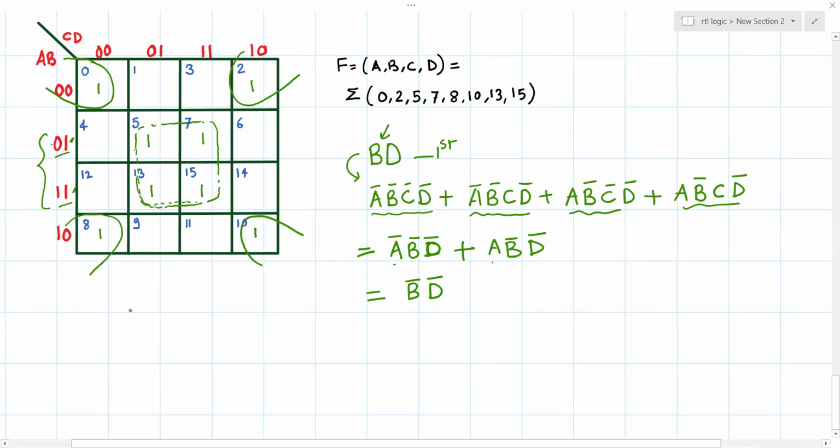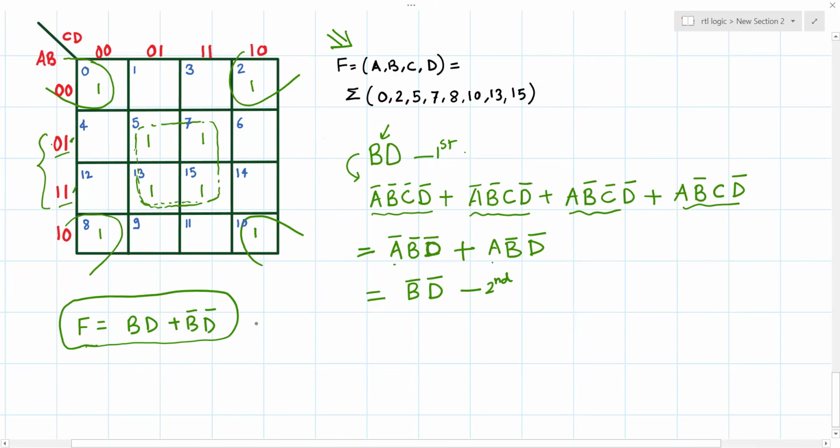So the final expression is F equals this first term and this second term: B D, or B bar D bar. This is nothing but XNOR logic, if you carefully observe this. This is how you got the simplification of this logic into this final expression.